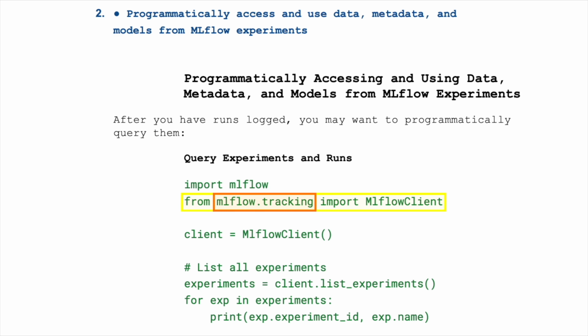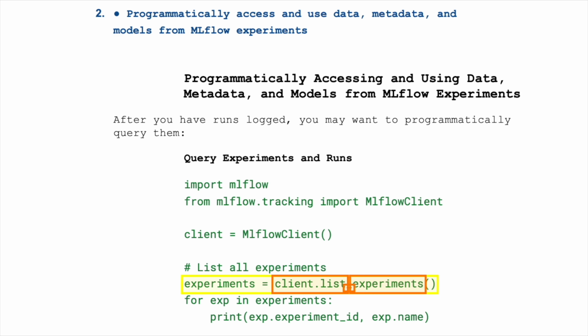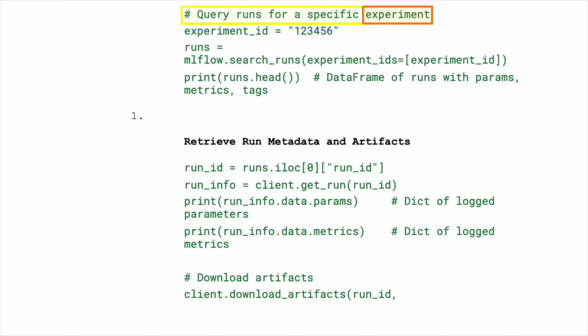Import mlflow, from mlflow.tracking import MlflowClient, client equals MlflowClient. #list all experiments: experiments equals client.list_experiments, for exp in experiments, print exp.experiment_id, exp.name. #query runs for a specific experiment: experiment_id equals 123,456, runs equals mlflow.search_runs experiment_ids equals experiment_id, print runs.head, a data frame of runs with params, metrics, tags.